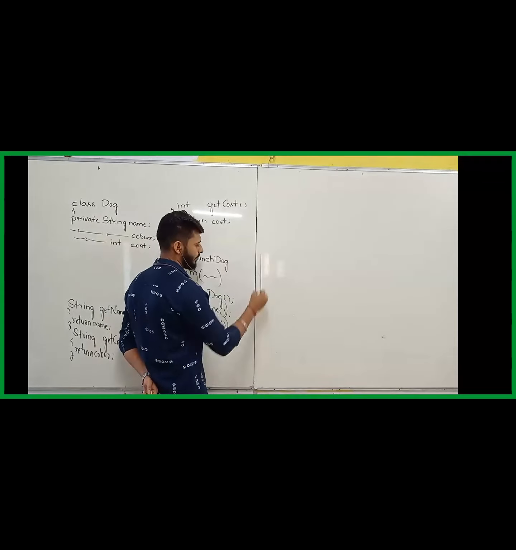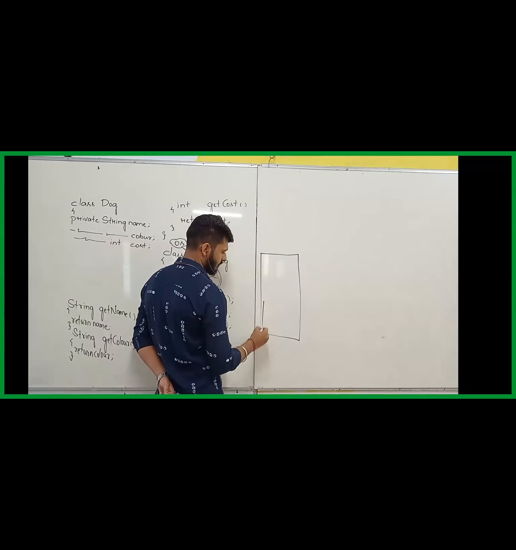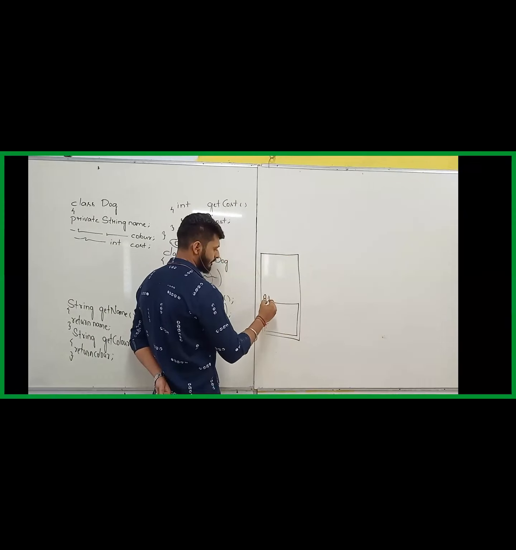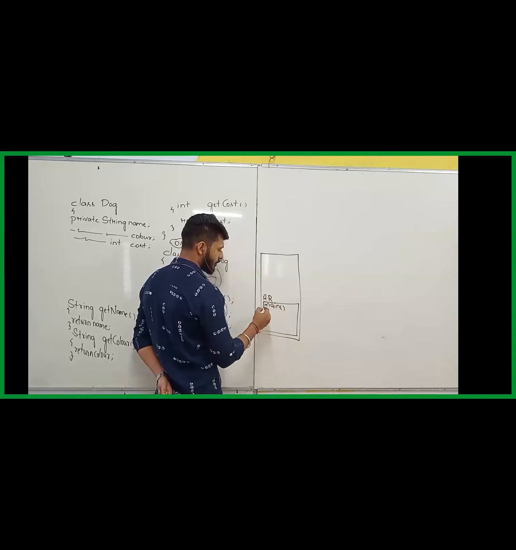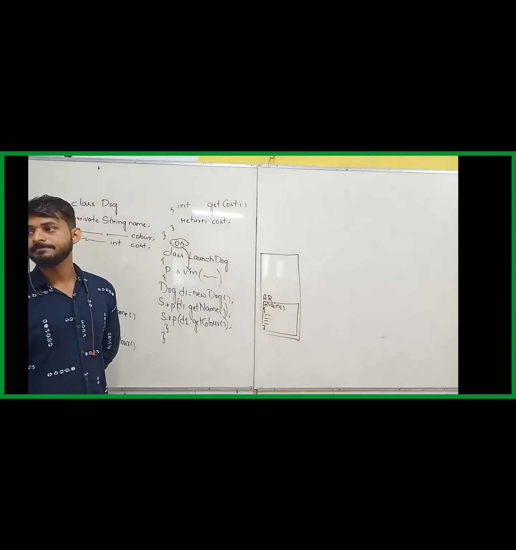If control is given to main method, obviously, what should happen? One activation record should be created.